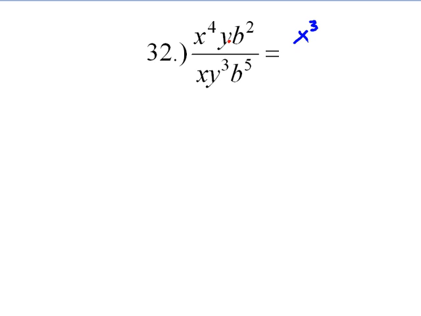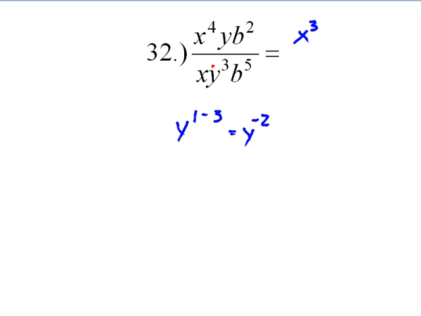Now, in the y, sometimes you are taught this minus process. So in this case, you would have 1 minus 3. Then you'd end up with y to the negative 2, y to the 1 minus 3 equals y to the negative 2. Then we have to worry about this negative sign.